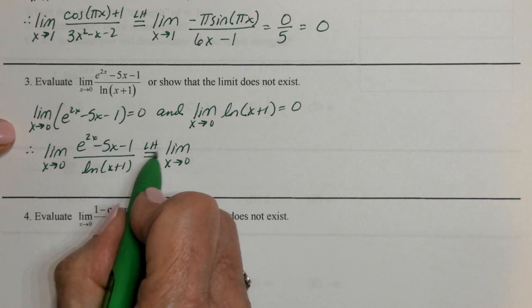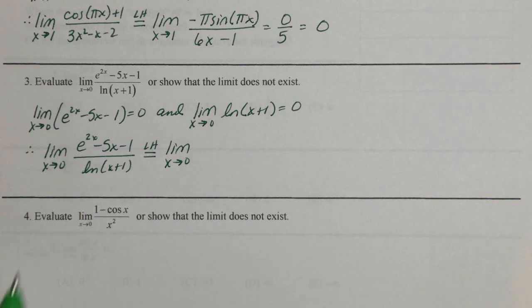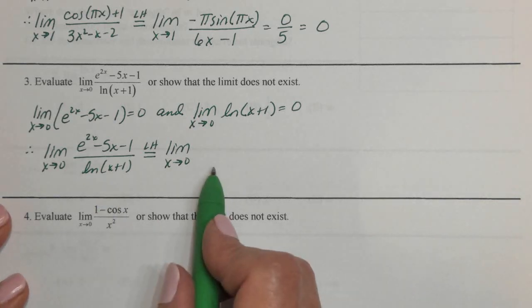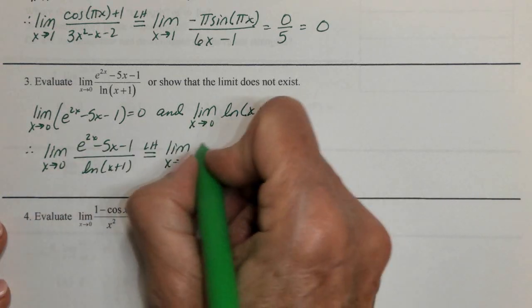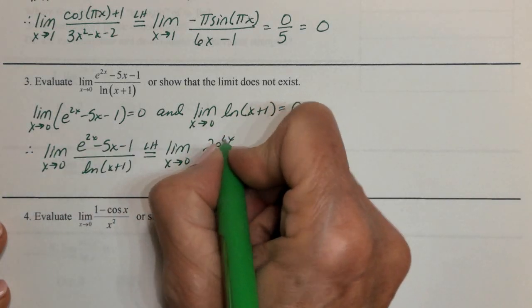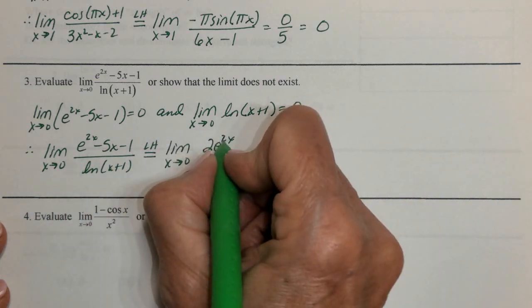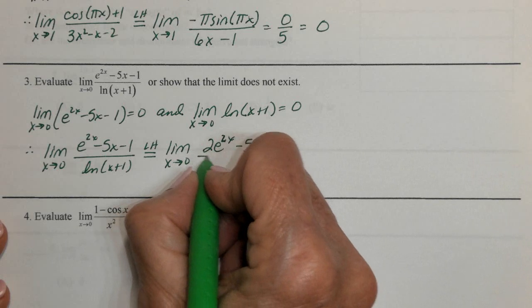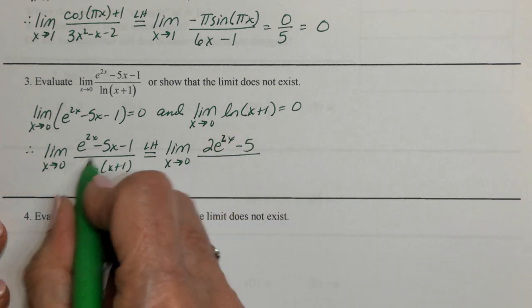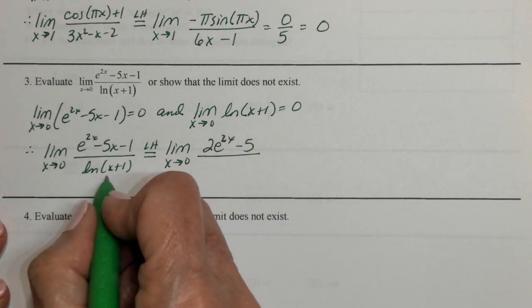You do not have to write LH there, but it does make it clear. If you're going back and looking at your work, it'll make it clear what you did to get from one step to the other. Okay, the derivative of e to the 2x is 2e to the 2x. The derivative of negative 5x is negative 5. The derivative of negative 1 is 0, divided by the derivative of ln of x plus 1.